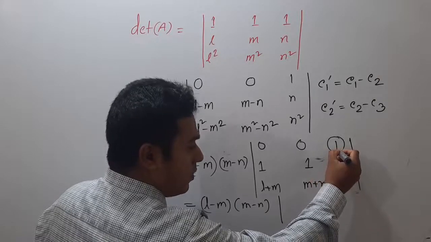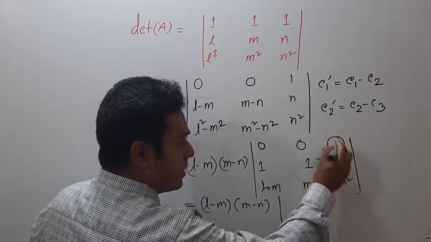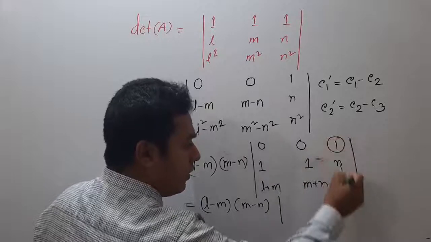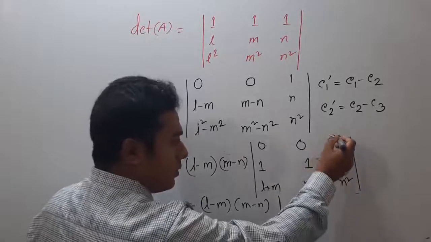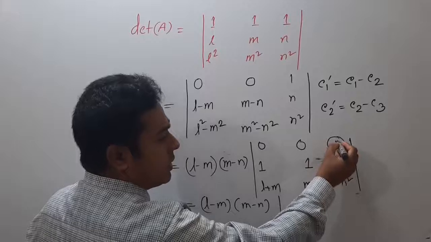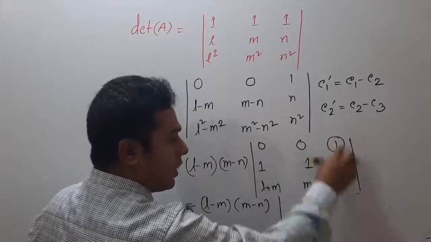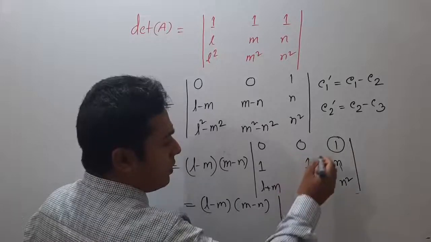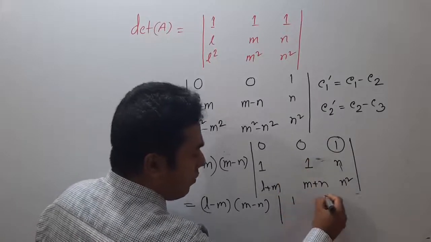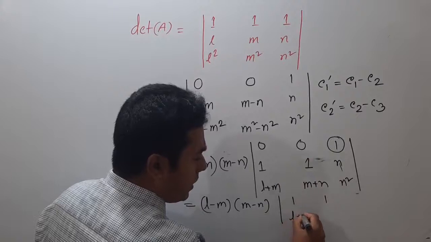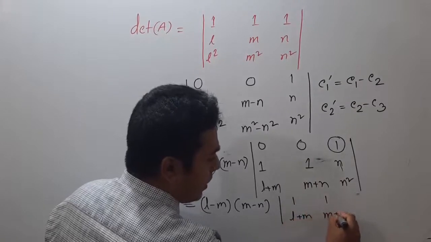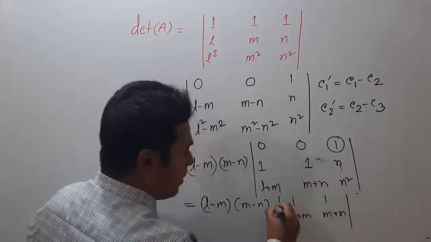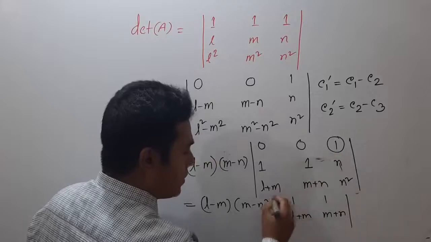After omitting the first row and third column, because the 1 lies in the first row and third column, here 1, 1, L plus M and M plus N, this is 1 because this is 1.